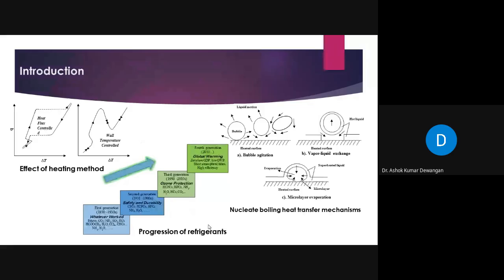When we go for the selection of the refrigerant, we already know that the boiling phenomenon depends upon the surface modification and the fluid condition. Most of these flooded evaporators are typically designed for the use of chlorofluorocarbons and hydrochlorofluorocarbons.